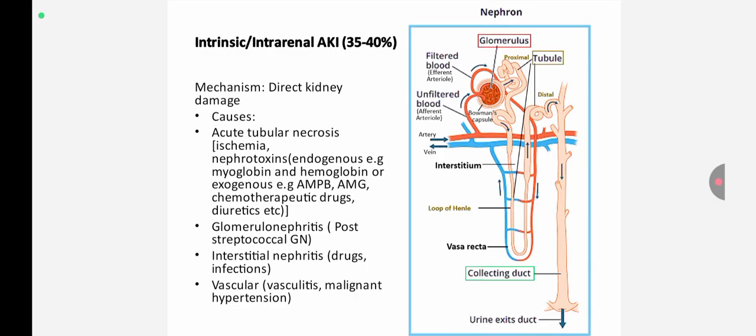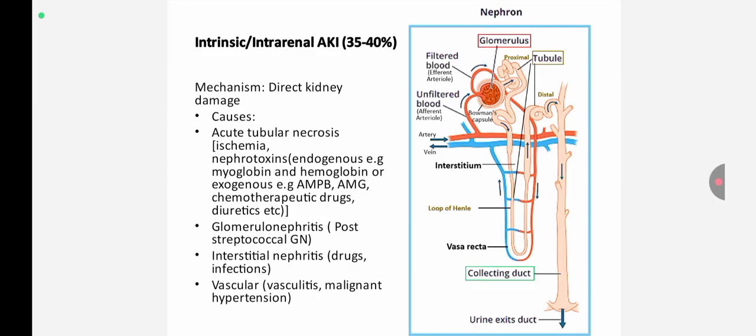So anything that affects the nephron and tends to alter the function of the kidney is classified under intrarenal acute kidney injury. So what's the mechanism? Direct kidney damage, the only thing that happens here directly affects the nephron. So it's not functional, it's something that has to do with the nephron.